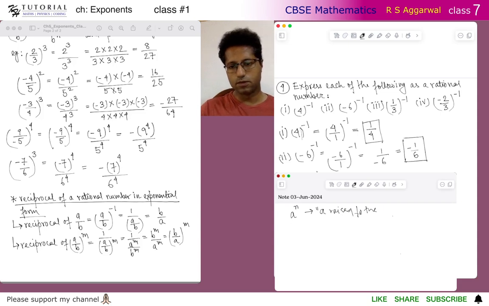So we just reverse the denominator and the numerator. So this becomes 3 by minus 2, and now we have to make the denominator positive. So this becomes minus 3 by 2. And how do we make the denominator positive? If it's negative, we multiply both the numerator and the denominator by minus 1. So this is the answer.